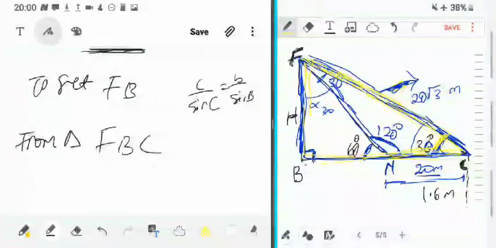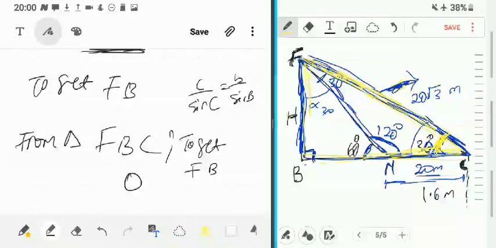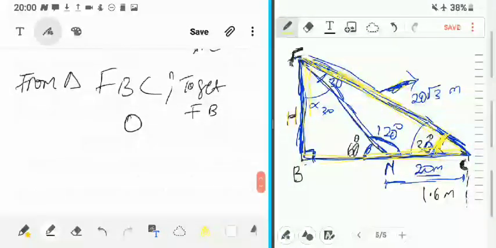So the side I'm looking for now, how does it correspond to this angle? It is the opposite side. So O should be my formula to get FB, which is the same as our H. FB is the same thing as the H. So O should be my formula. Which side is given? Hypotenuse. H should also be my formula, corresponds to sine.